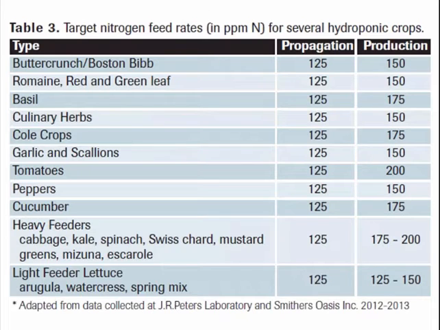Plants are good at taking up nutrients across a broad concentration range, but you just need to make sure that the total quantity that they need is available to the plants in that reservoir and that you are continuously recirculating them.